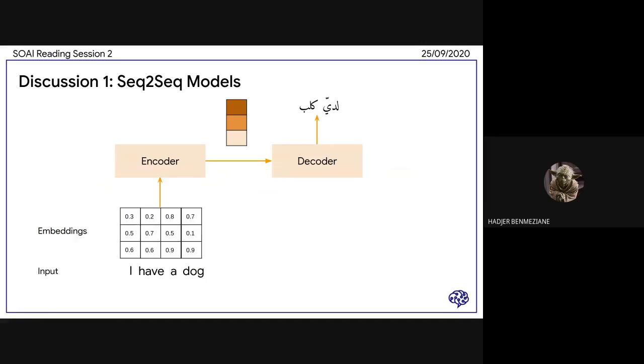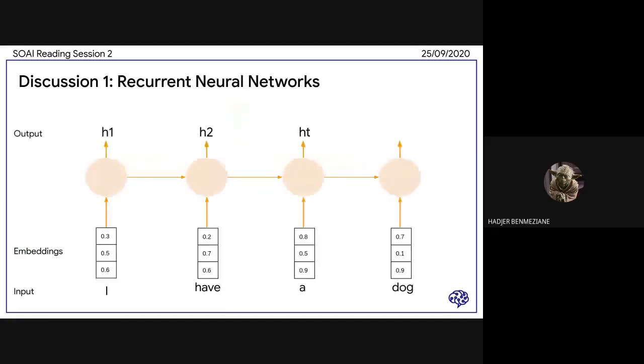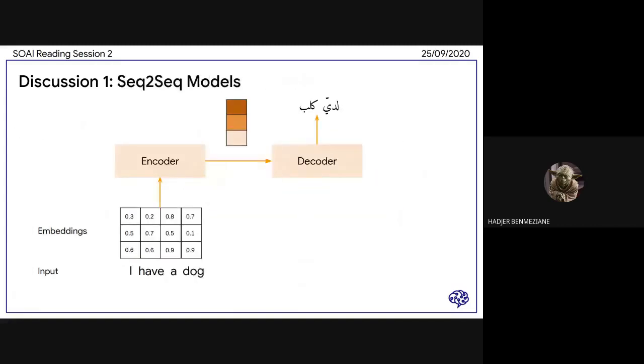We said that we need to make a transformation to get the embeddings, and then the seq-to-seq model is divided into two blocks. We have the encoder and the decoder. The encoder will apply a bunch of recurrent layers, and we'll get a certain vector.